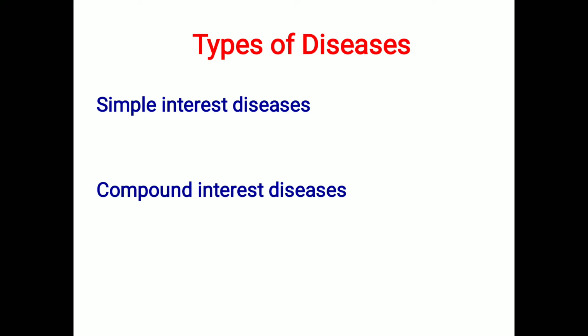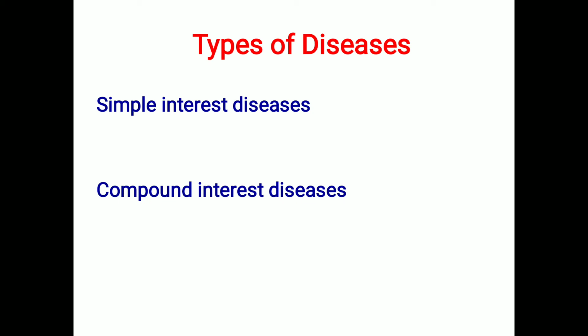Examples of compound interest disease are blight, leaf spot, and rust, for example wheat rust, which is caused by Puccinia graminis. They come under compound interest disease because they complete several life cycles in one crop season.